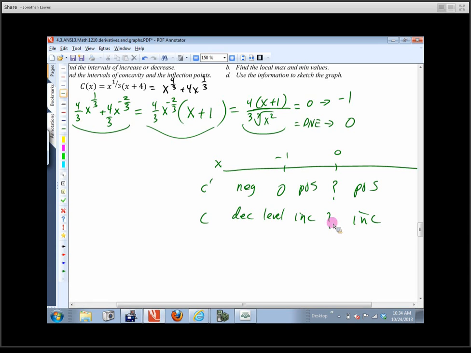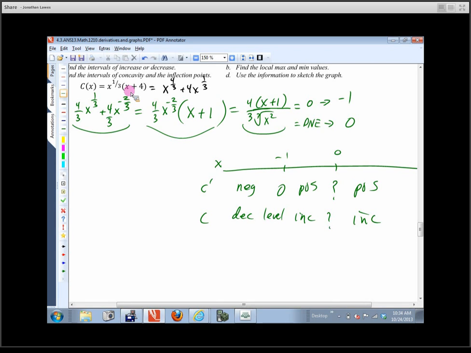So let's think about this for a second. The derivative doesn't exist. That means it's either a point of discontinuity. Does that have any domain issues? No. So it's not a point of discontinuity, so we can cross that off. That narrows it down to one of two things that we've typically seen in these. It's either got a cusp or a corner, or it's got a vertical tangent.